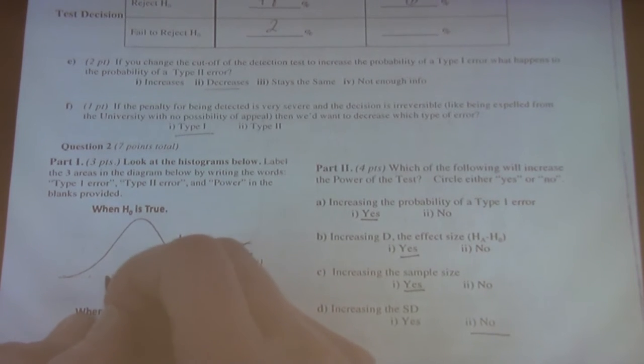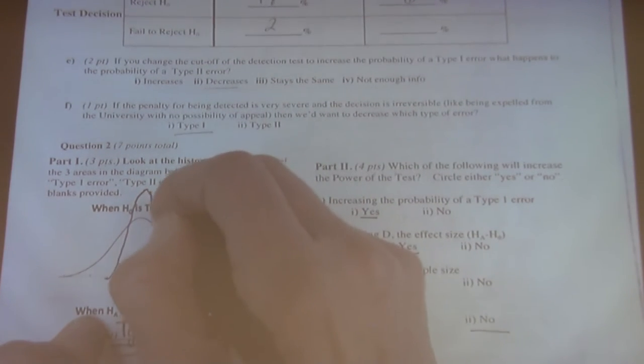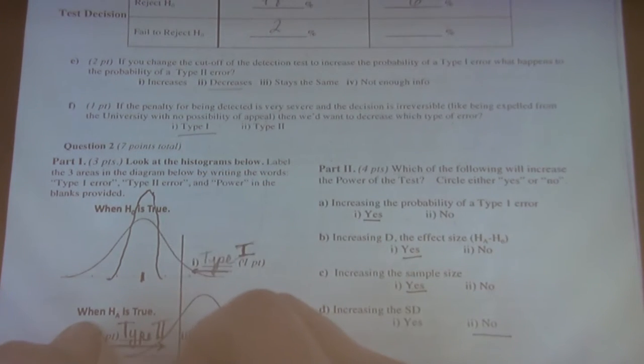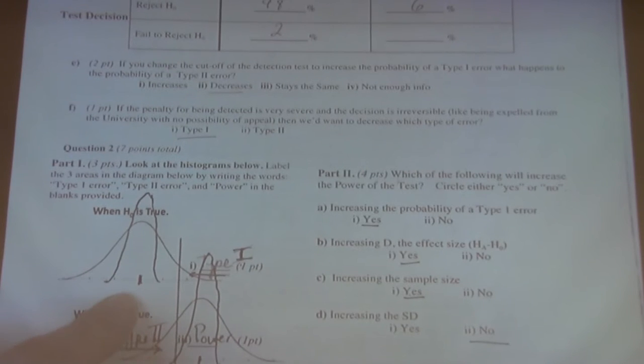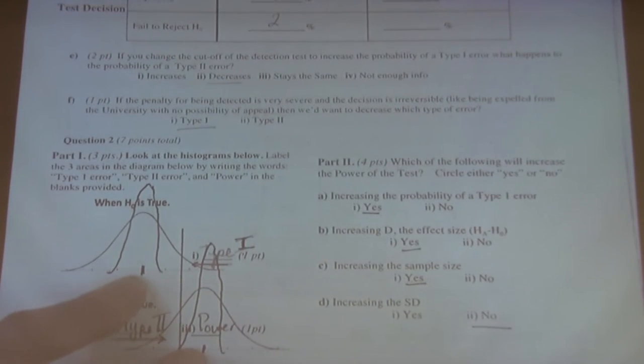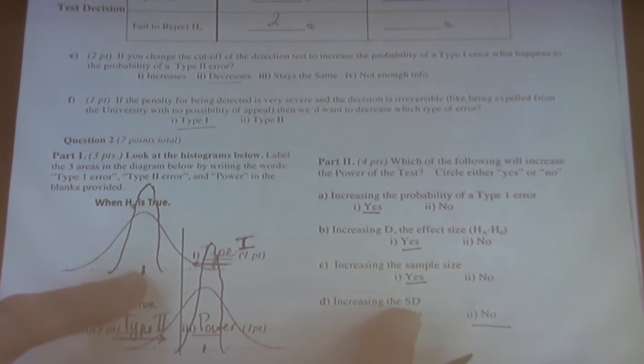Imagine if we just really drastically did it. See how you could make those errors small enough that the two curves are completely separated. Does that make sense?